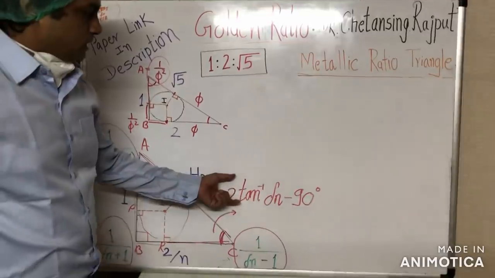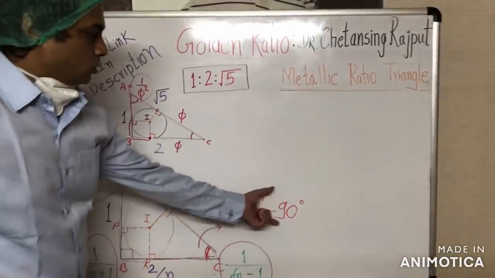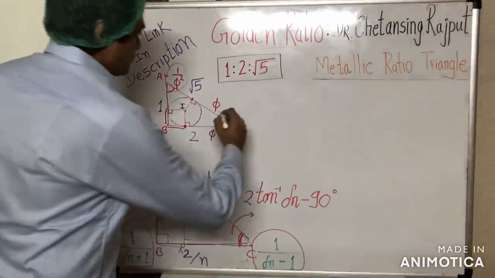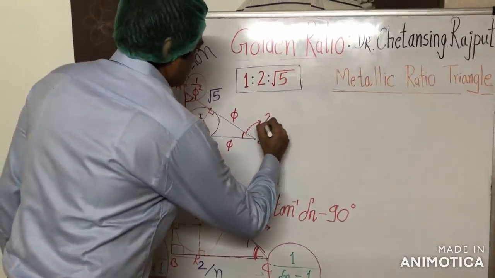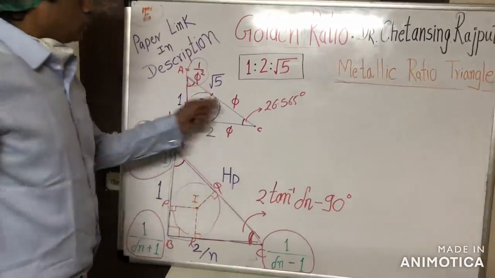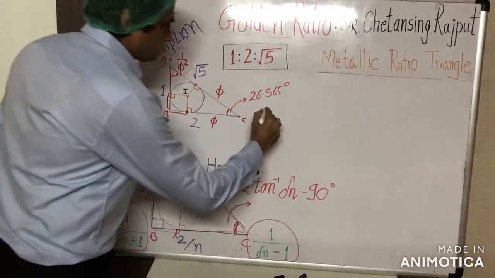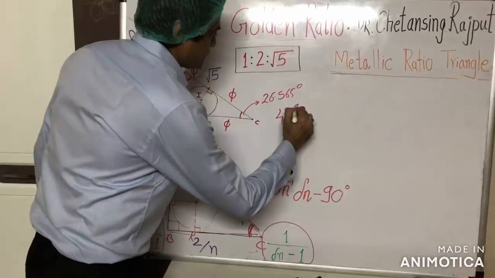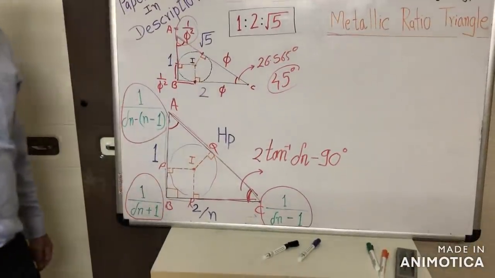This value is 26.565 degrees for the golden ratio triangle, or 45 degrees for the silver ratio triangle.